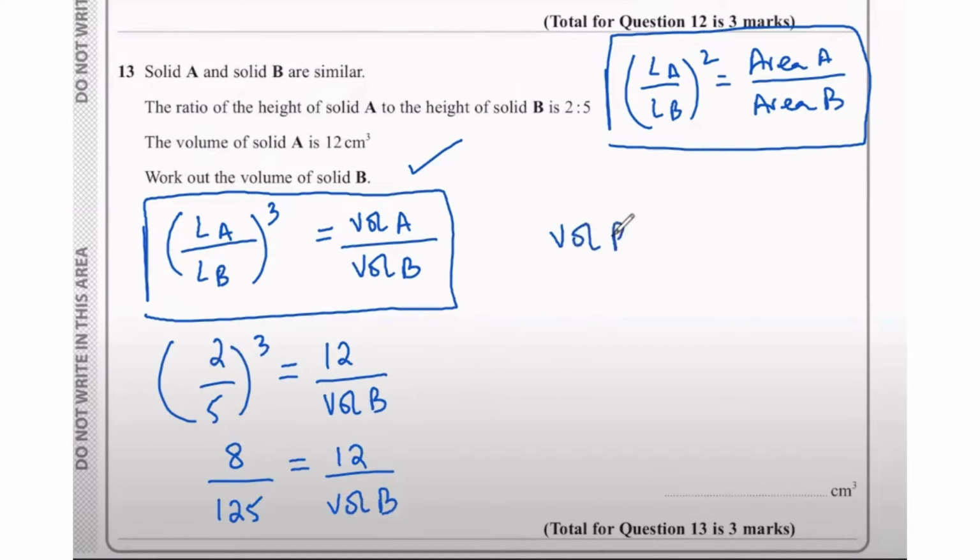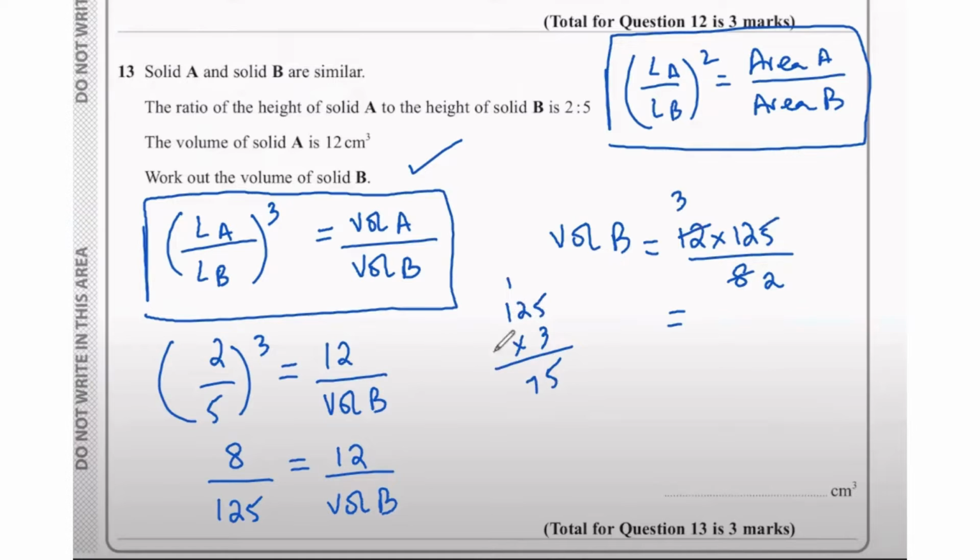Cross multiply to make volume of B the subject. So it's going to be 12 times 125 over 8. So we know 12 comes in the 4 times table. 4 times 3 is 12 and 4 times 2 is 8. Now if we do 125 times 3, that's 15, 1, 2 3s are 6 plus 1, 7, and 3 1s are 3. So 375 divided by 2.